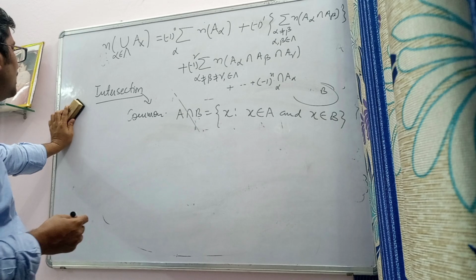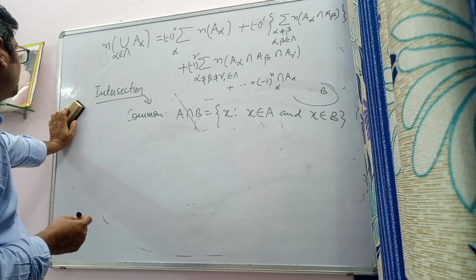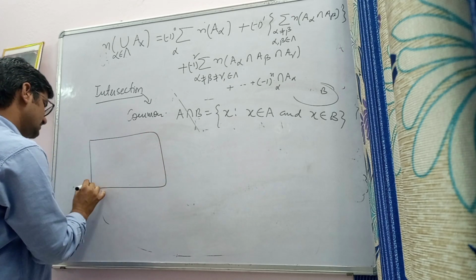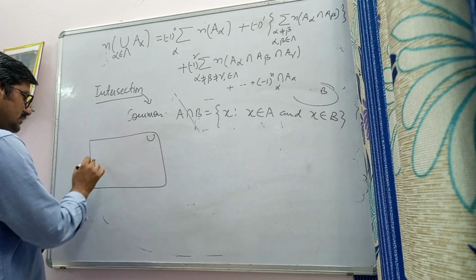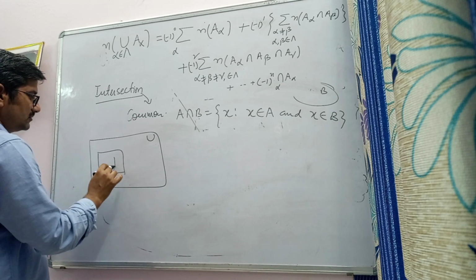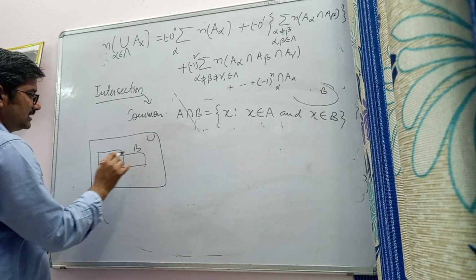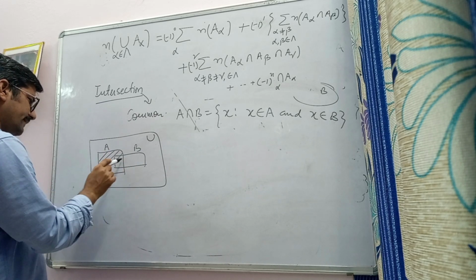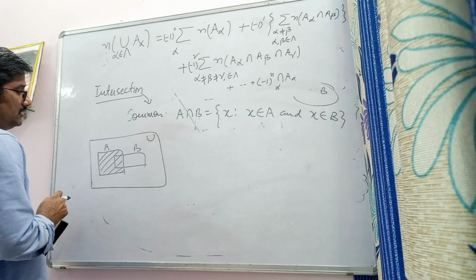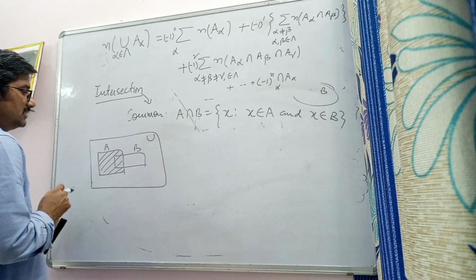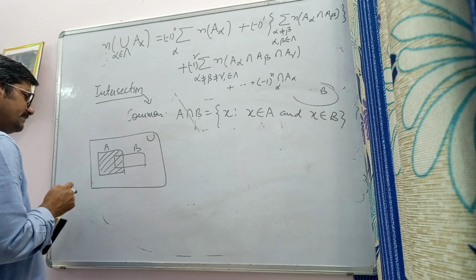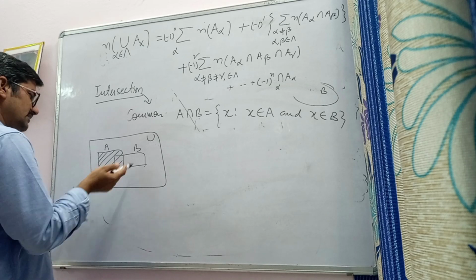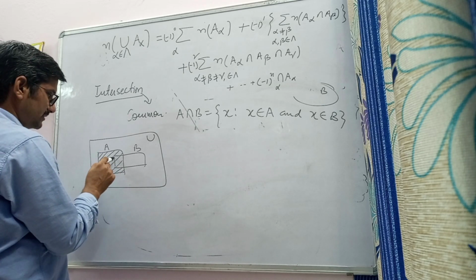Now, if we want to explain the Venn diagram of the intersection of two sets, suppose this is the universal set U. We want to show A intersection B; this set is B, this set is A. Draw any pattern covering A. Then make a different pattern covering B, different from A's.